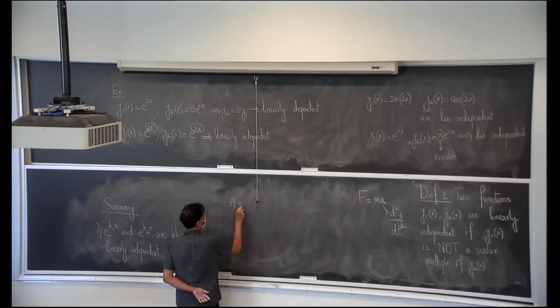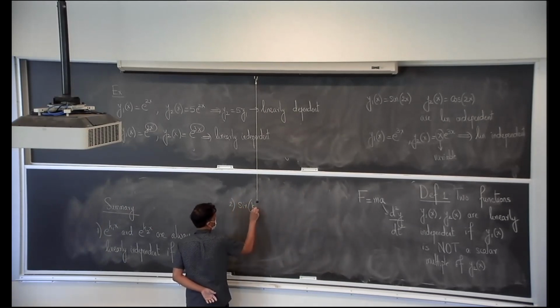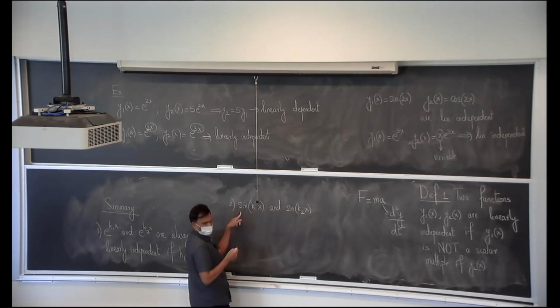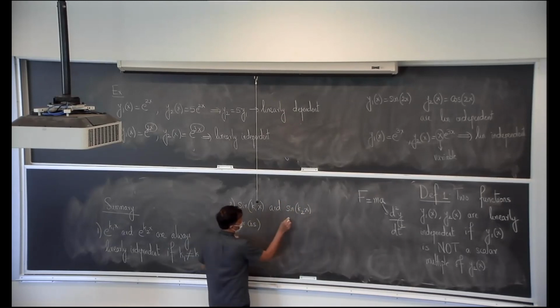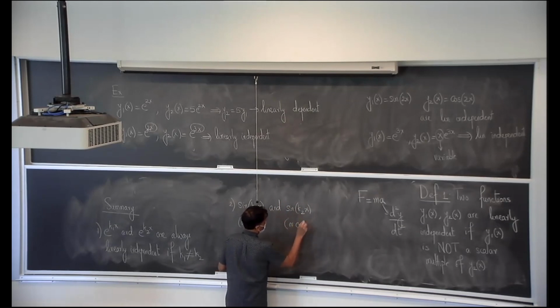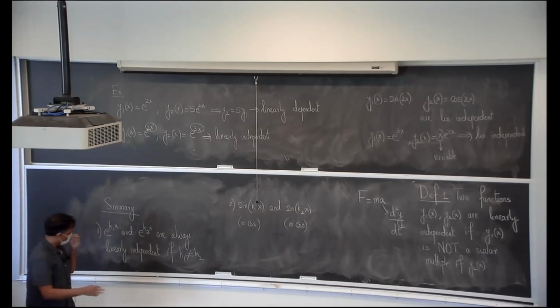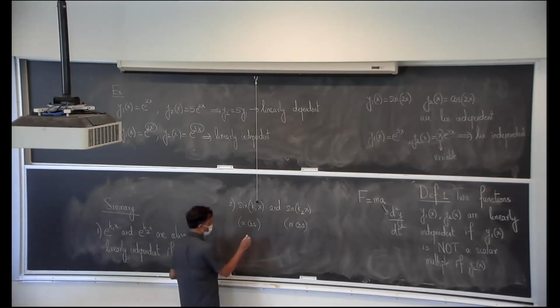Two, sine of k1x and sine of k2x, and similarly cosine. These are the functions we'll be seeing a lot in chapter 2. They are also linearly independent if k1 is not equal to k2.